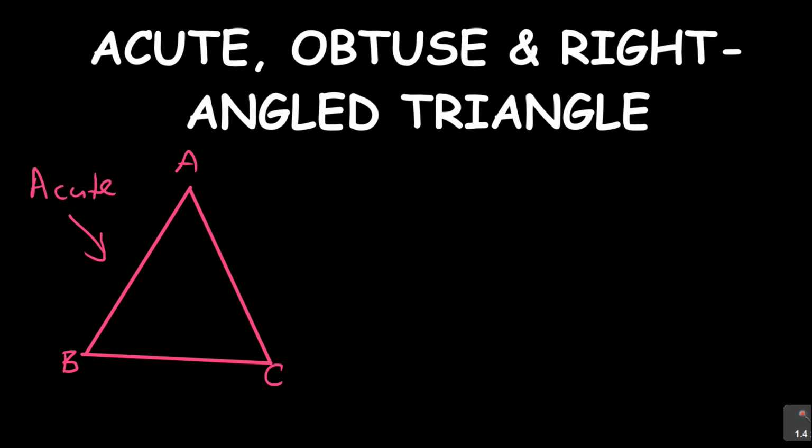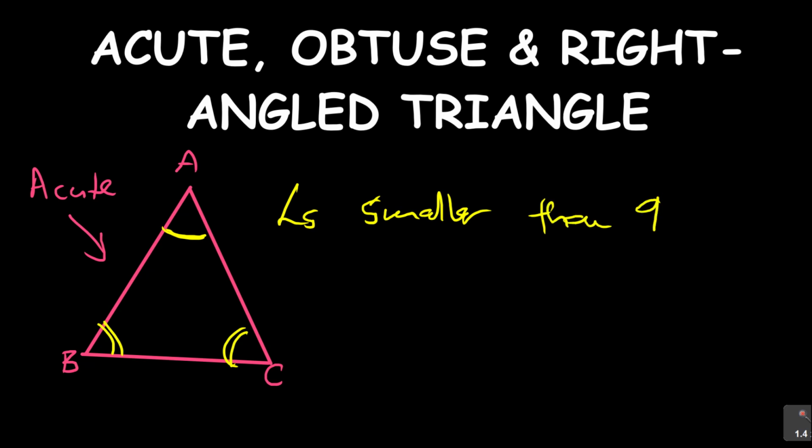Now the question is, what makes it acute? That angle, and that angle. So all the angles are smaller than 90 degrees, meaning they're acute. Remember, acute means less than 90 degrees.